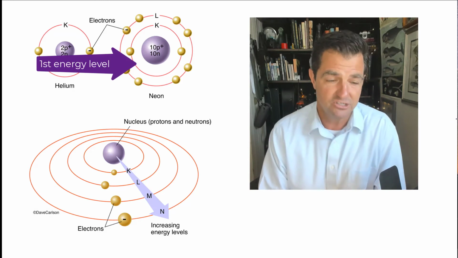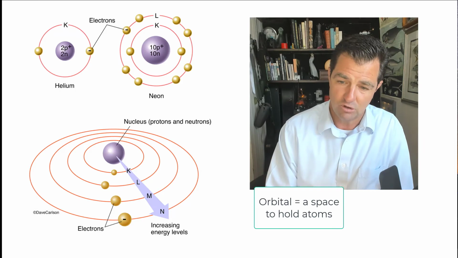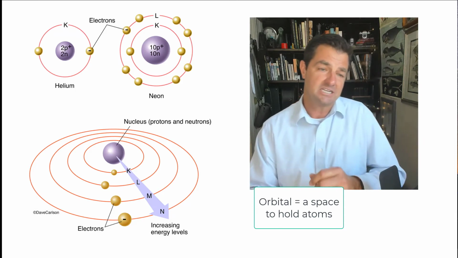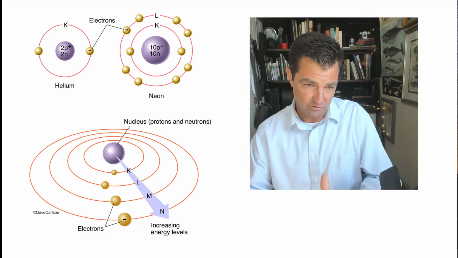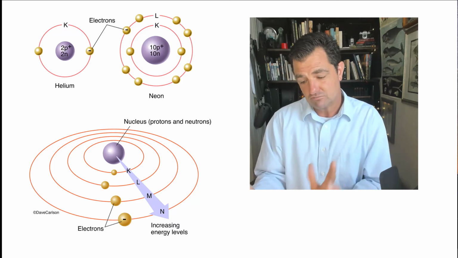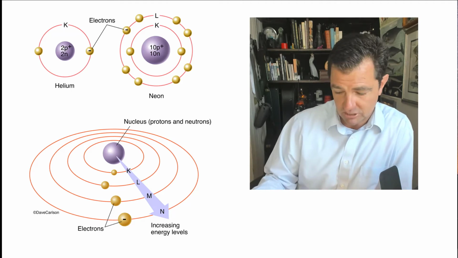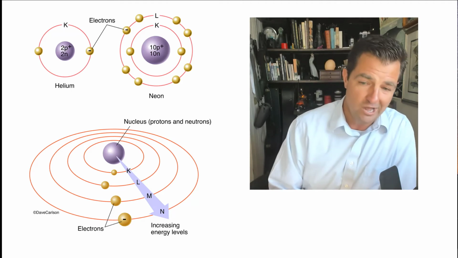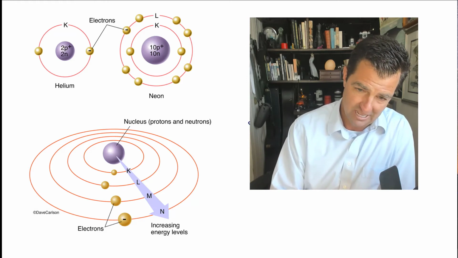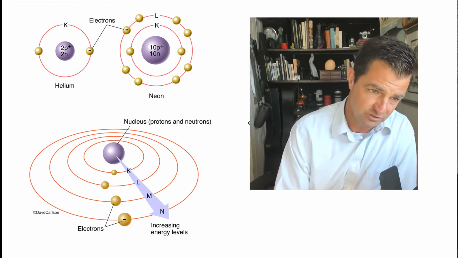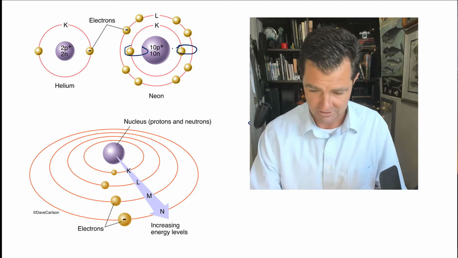And in the first energy level, there is a space, and those spaces we call orbitals. In the first energy level, there's one orbital, and each orbital can hold 2 electrons. So in that first energy level, we can hold a maximum of 2 electrons.